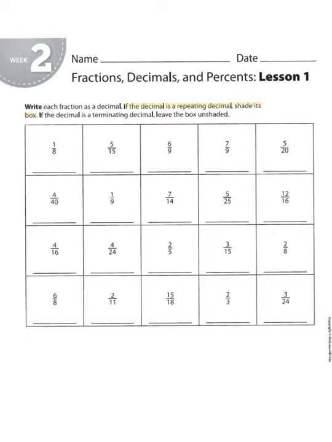If it's terminating, you're just going to leave the box unshaded. Okay, so again, if I take 5 divided by 15, I get 0.333 repeating. So I would shade in that box. So you would drag your colored box over to there.